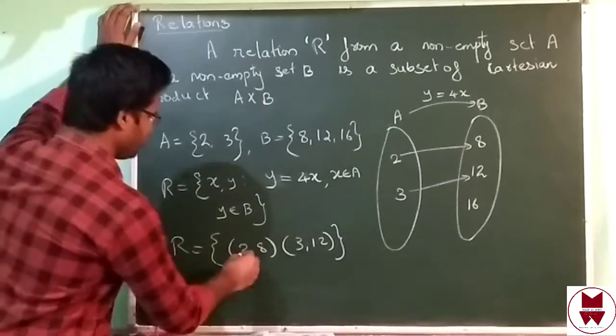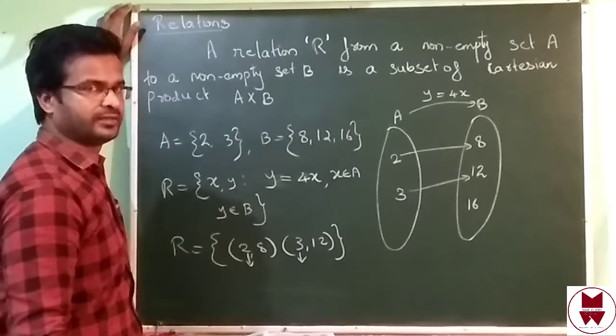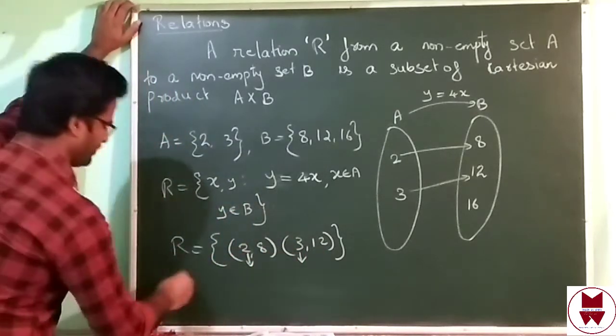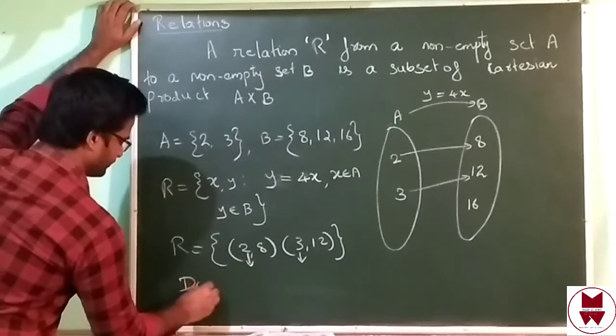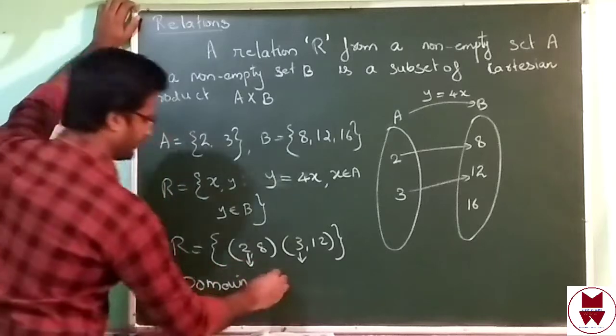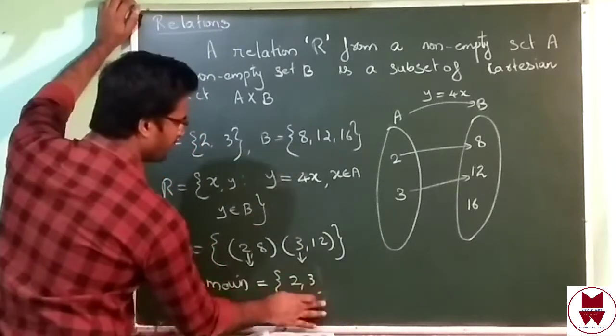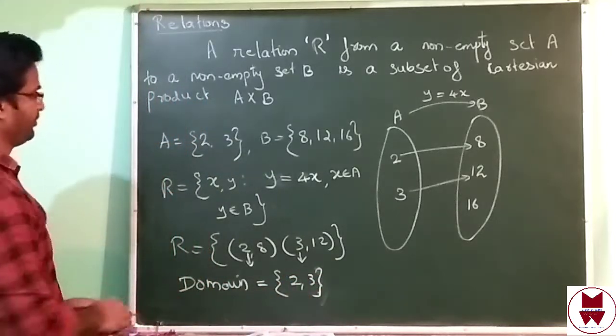Then the first elements, in here 2, in here 3, isn't it? The first element is known as the domain. Domain of this relation is the set 2, 3. We consider only the first elements; that is the domain.